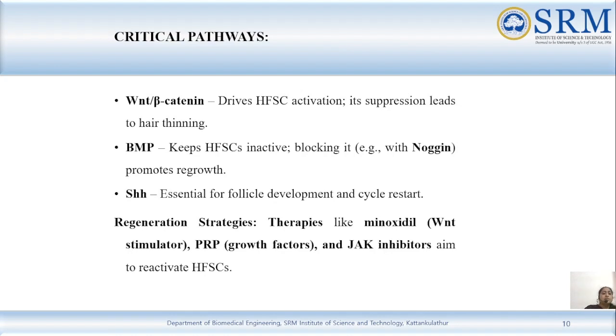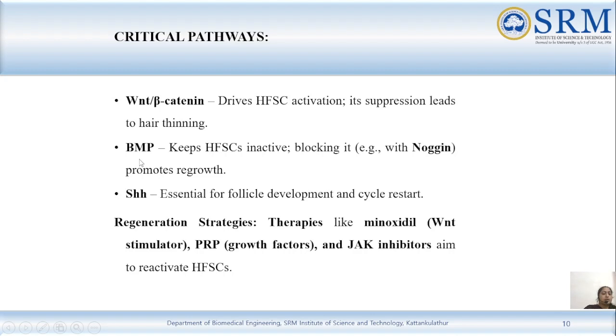So if you're looking at the Wnt beta-catenin pathway, this will help to drive the hair follicle stem cell activation, and its suppression can lead to hair thinning. So if you want to help in hair regrowth, you might have to help in boosting this Wnt beta-catenin pathway, so that the hair thinning can reduce.